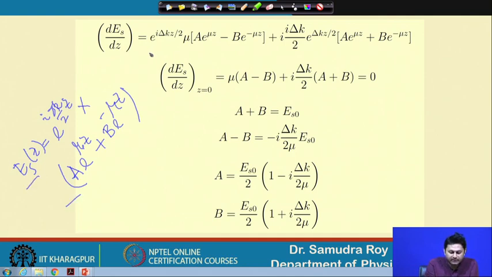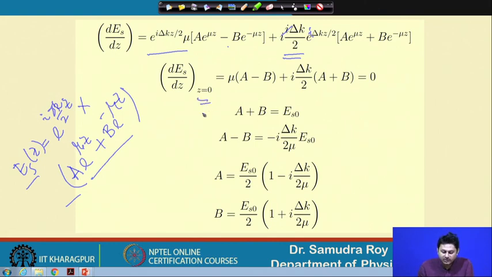When I take the derivative, the first term will be mu multiplied by this, with a negative sign for the second, because we have a negative sign here, and the next term of the derivative has i delta k by 2. Anyway, now we are making z equal to 0.